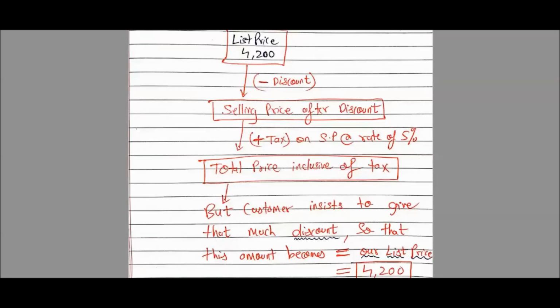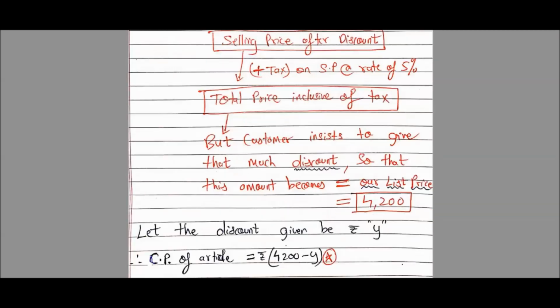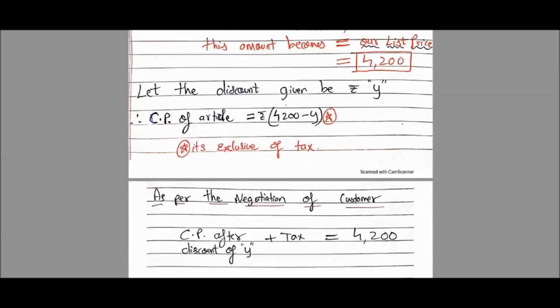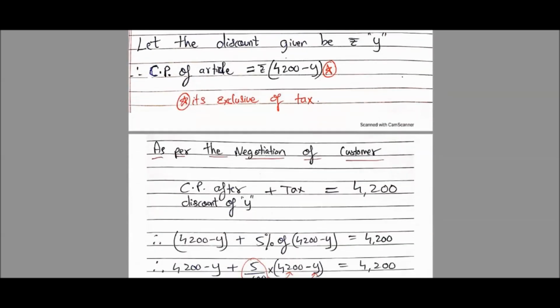So here the question will be, how much discount should the shopkeeper give to the customer so that the total money coming out of the pocket of the customer should be nothing but rupees 4,200. Yes, so everything now lies on the discount. So students, as we need to find the discount, here I'm supposing something. See on the screen, please.